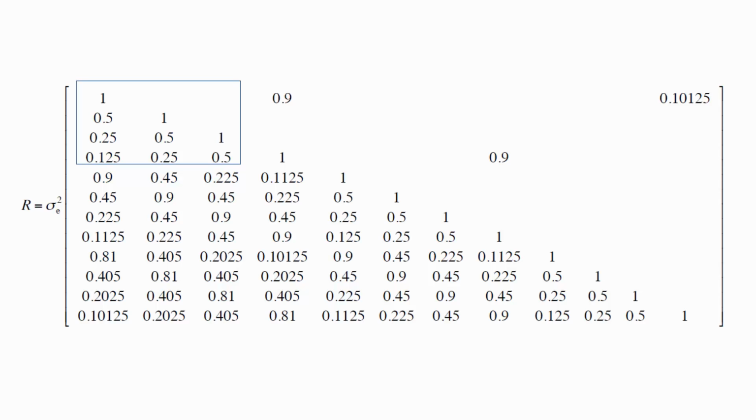So this represents the residuals of the experimental units that are furthest apart in the field. Those have the lowest correlation compared to experimental units here that are very close to each other in the field. They're going to have a higher correlation, depending if they're in the same row or same column.